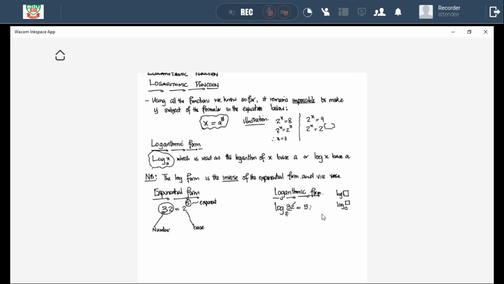And if you compare it with the exponential form, 32 is still the number, but look at where the number of a logarithm is stationed. And 2 is still the base. This is the base. And 5, which was the exponent or the index on the other side, is now what we are calling the logarithm.